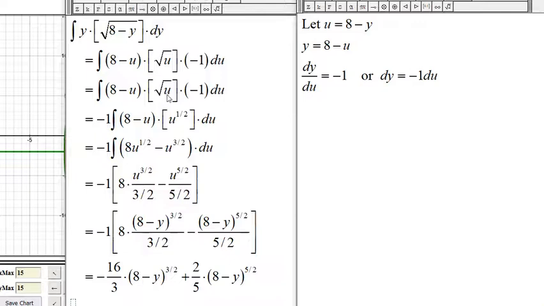The square root of u is the same as u to the 1/2. 8 times u to the 1/2 is 8u to the 1/2. u times u to the 1/2 is u to the 3/2. Antiderivative of u to the 1/2 is add 1 to the exponent. 1/2 plus 1 is 3/2, and then dividing by 3/2. 3/2 plus 1 is 5/2, and dividing by 5/2.